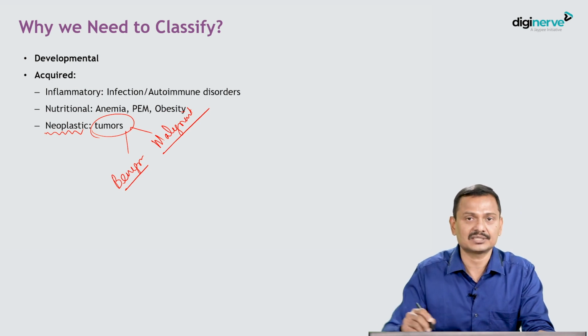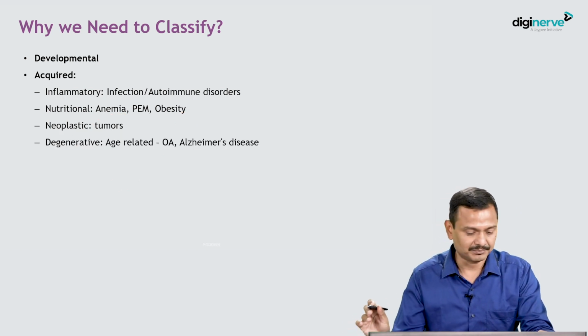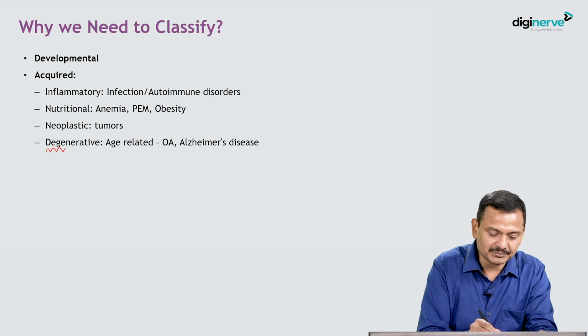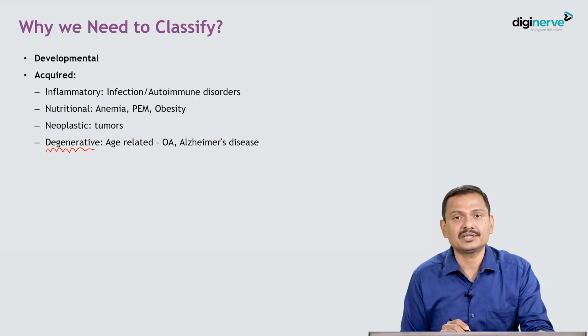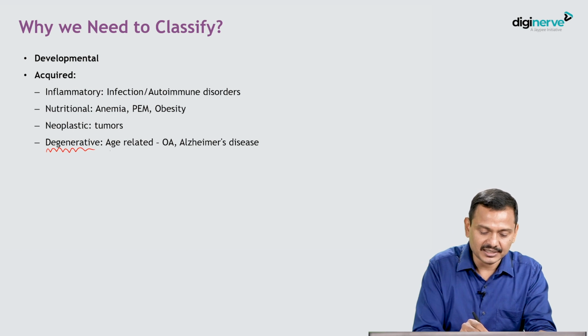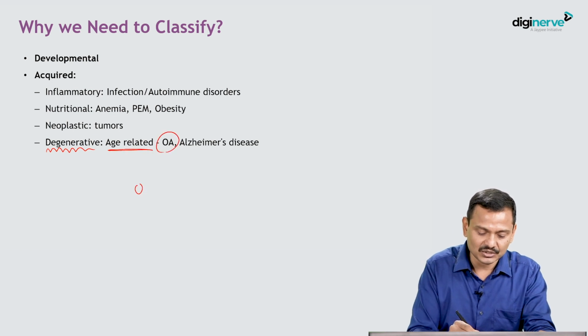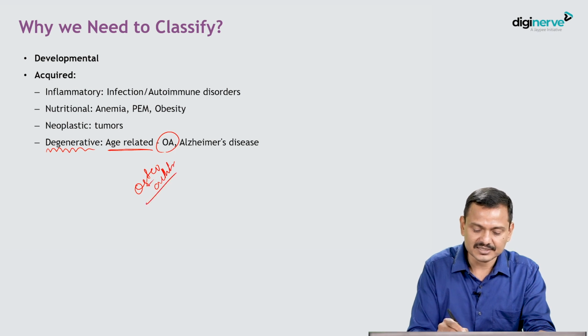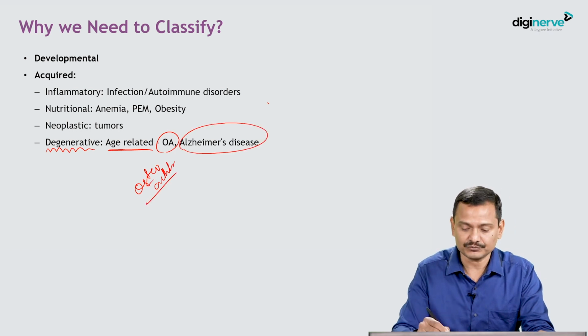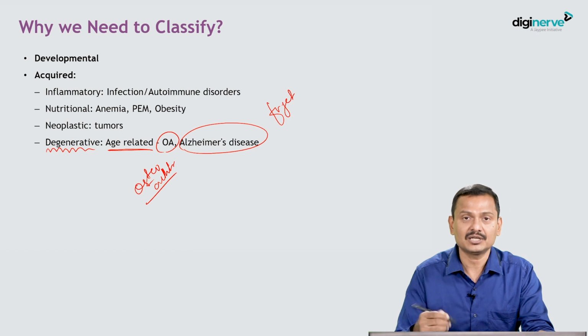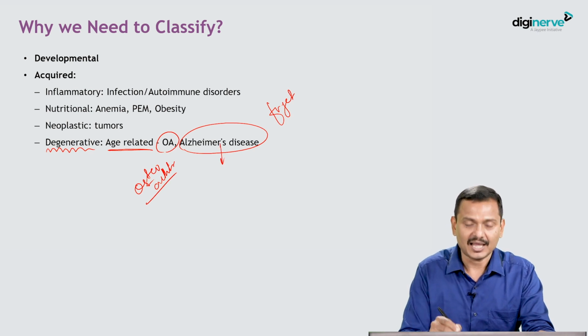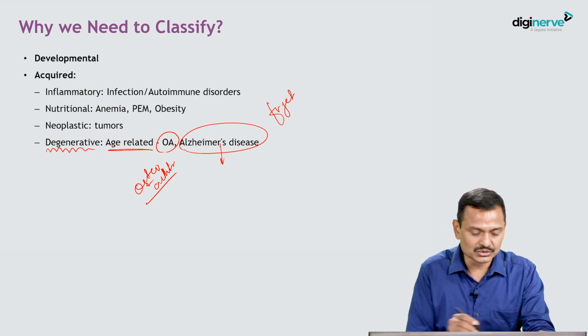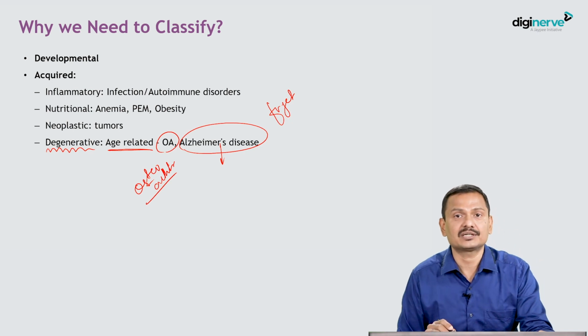All this categorization is done by the pathologist. Then some diseases can be degenerative, like I have already mentioned, age-related disorders like osteoarthritis, as well as a CNS disease of forgetfulness where the patient loses memory, that is Alzheimer's disease, which is also a neurodegenerative process.